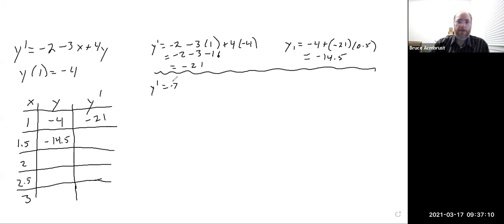So y prime here is going to be -2 minus 3 times 1.5 plus 4 times -14.5. So that's -2 minus 4.5 minus, let's see, 58, which is negative 64.5.